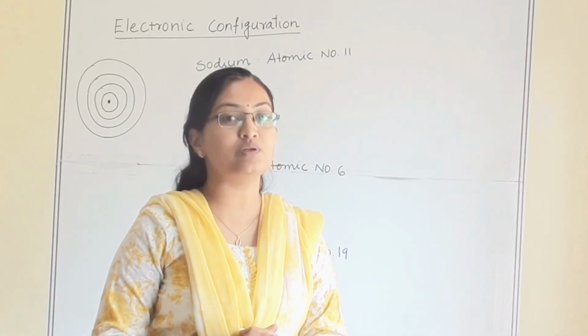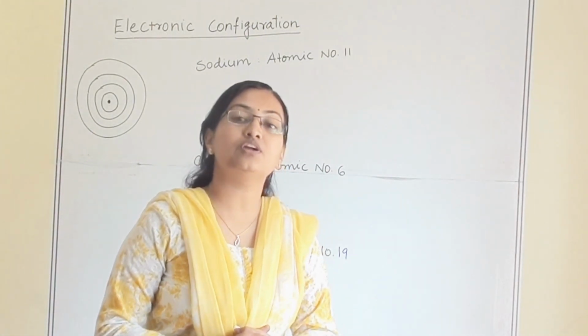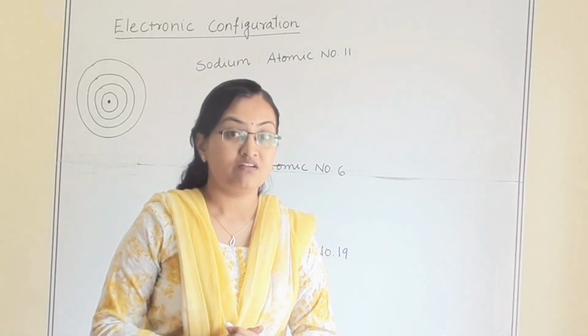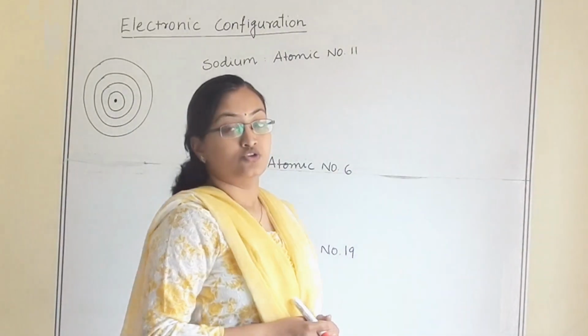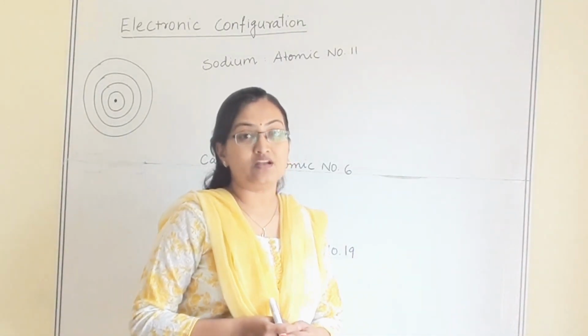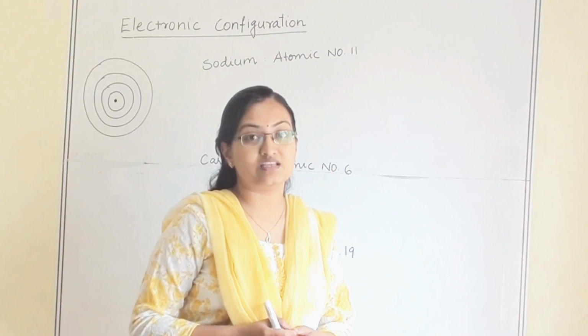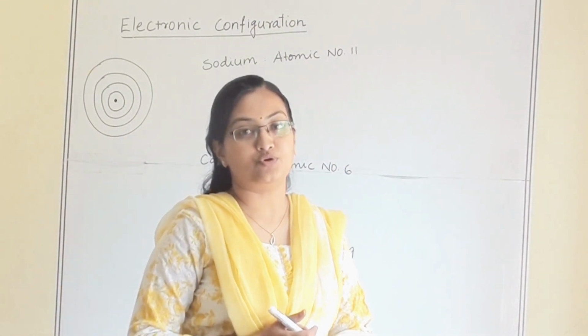The questions will be like, write an electronic configuration for potassium, write an electronic configuration for magnesium. So you should know the atomic numbers of all the elements given in your textbook.